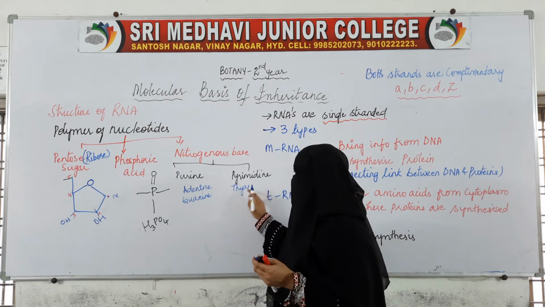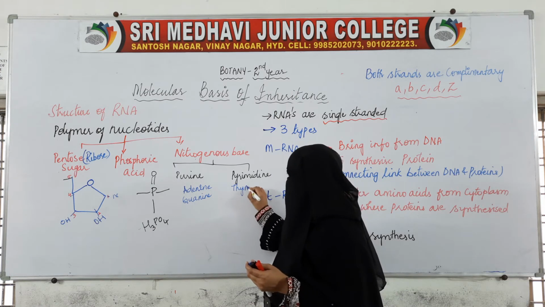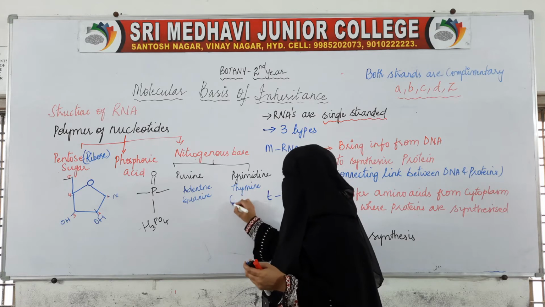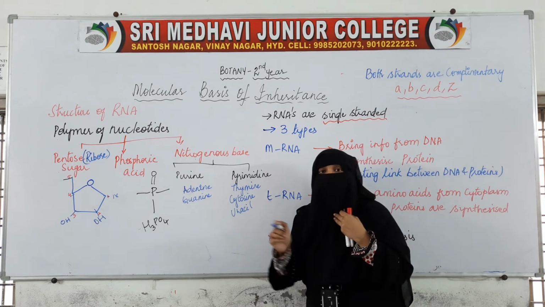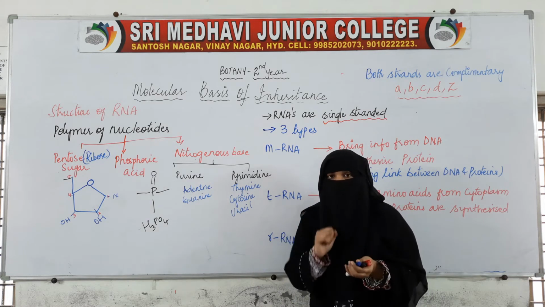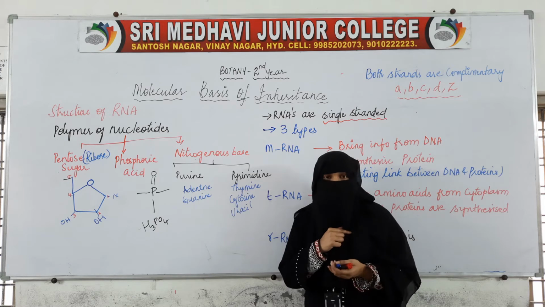Thymine, cytosine and uracil are the three pyrimidines. Pyrimidines are of three types, purines are of two types.